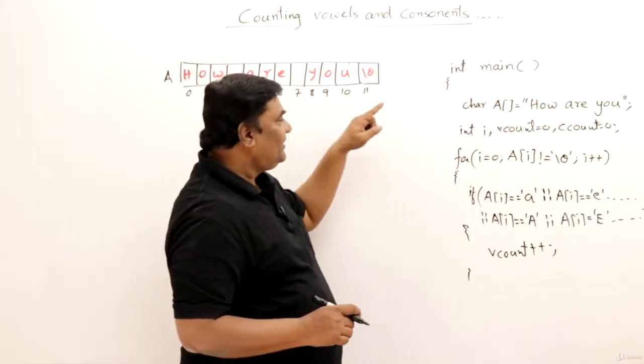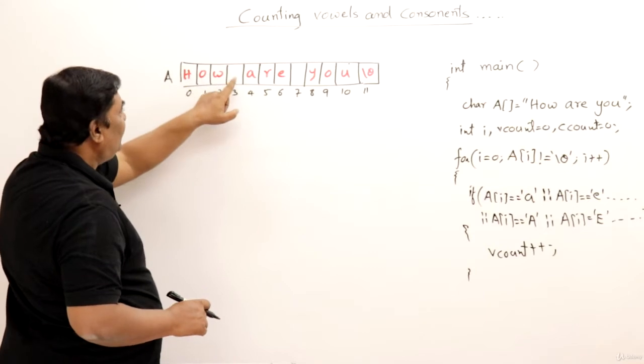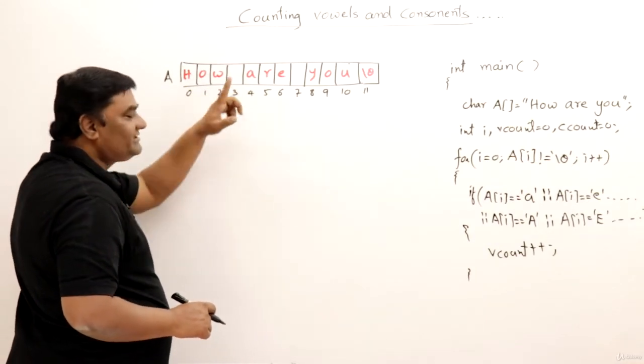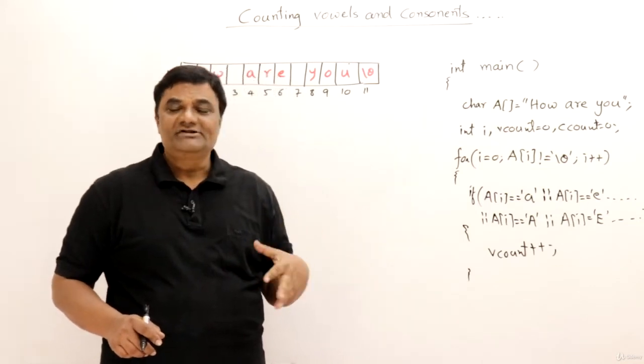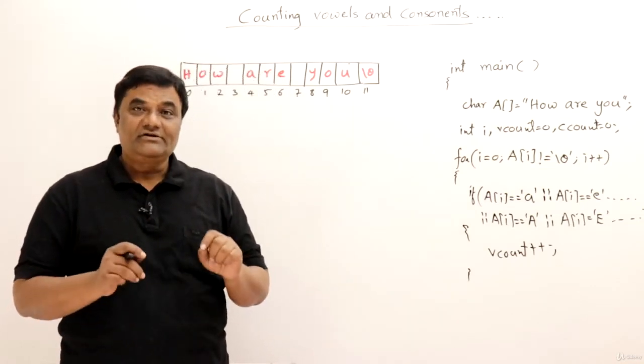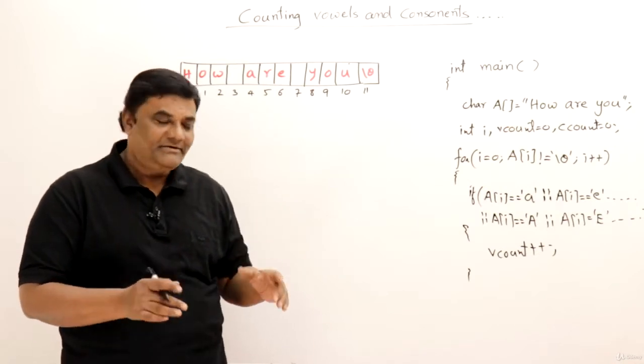Otherwise, this is not a vowel, this is a vowel, this is not a vowel, so spaces will also be counted. I should not take any special characters or spaces, only alphabets, so make sure that it is within the range of alphabets.